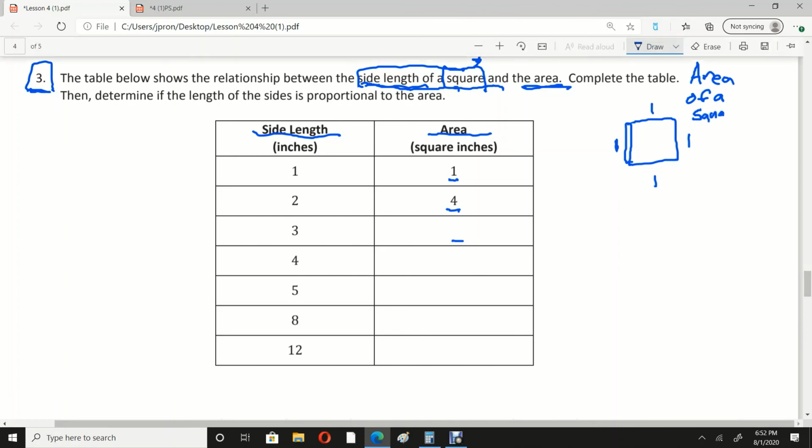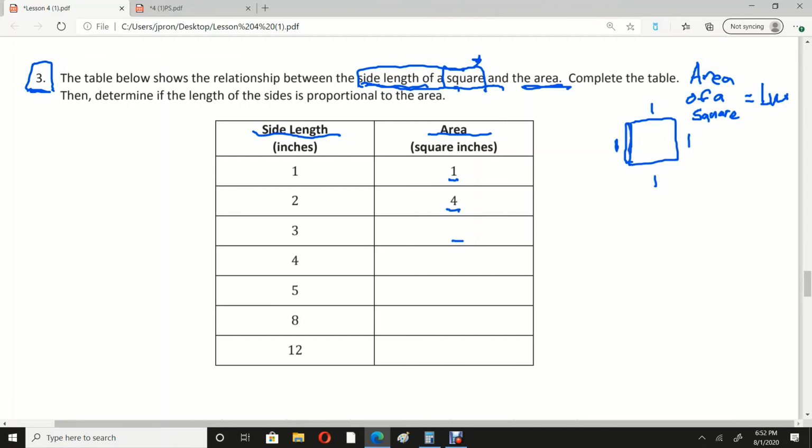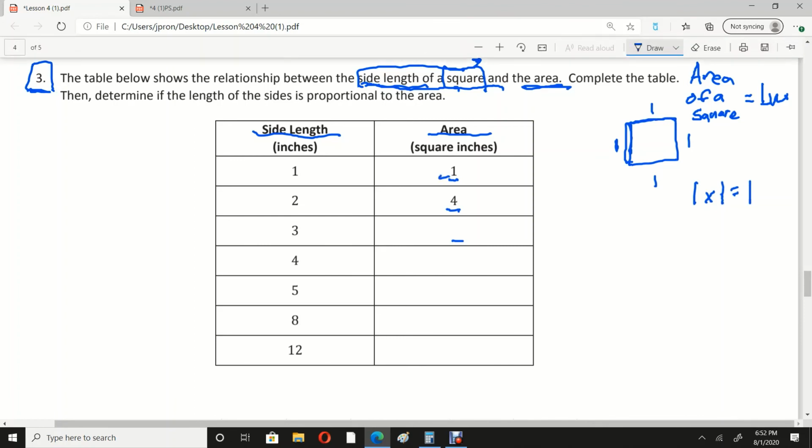Anybody? We find that by multiplying length times width. Well, the length and width are the same in this. So in this example, our length and width is 1. So 1 times 1 equals 1. So if the side length is 1, area is 1.